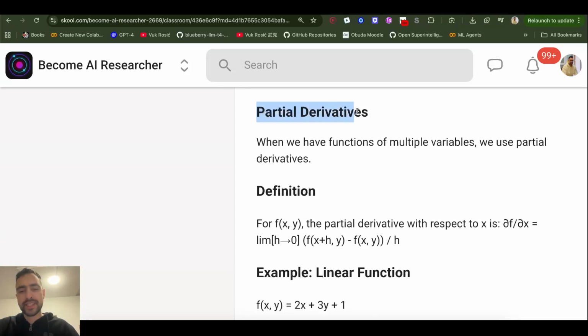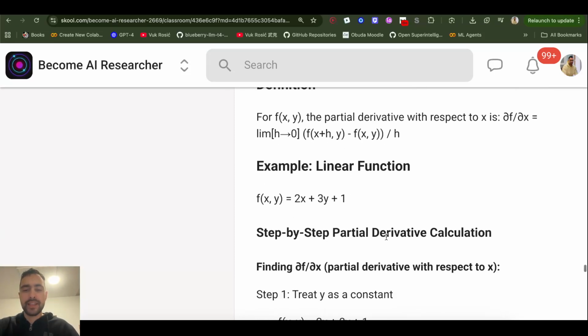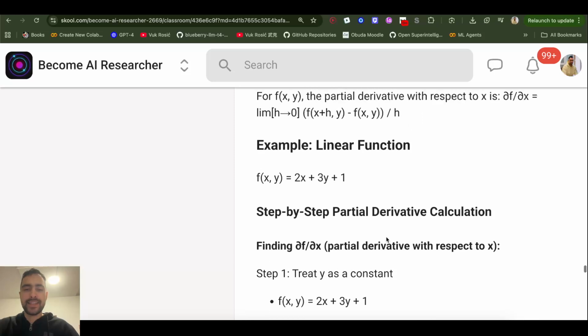Partial derivatives are the same as derivatives. The only difference is that instead of one variable, x, you have two variables. What you do here is find the partial derivative of this function with respect to x, and after that you find it with respect to y. What does that mean?